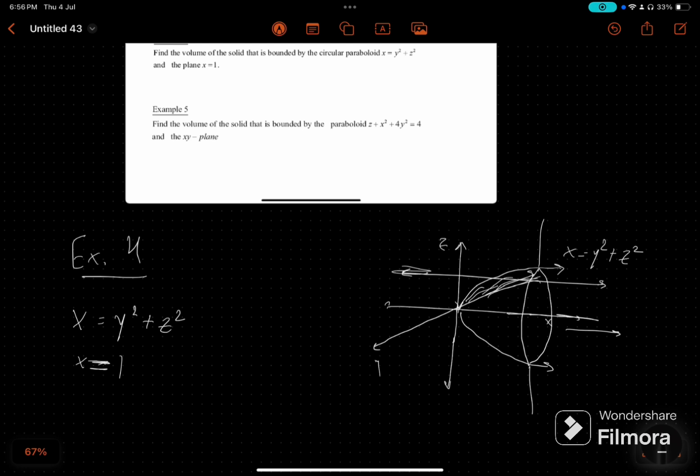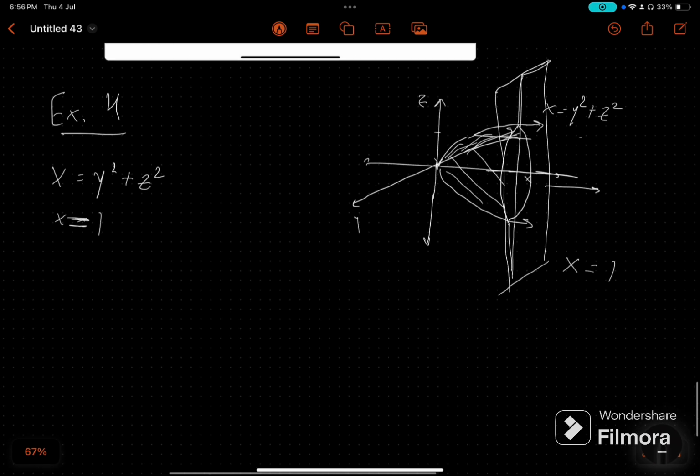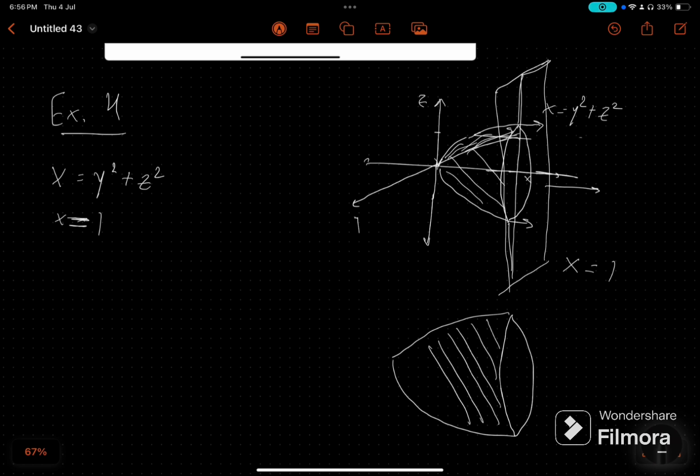So basically that's what I did. That's the volume, since this is the plane x equals 1. Let's assume this is the plane x equals 1, and this is our volume. It's going to look something like this shape.